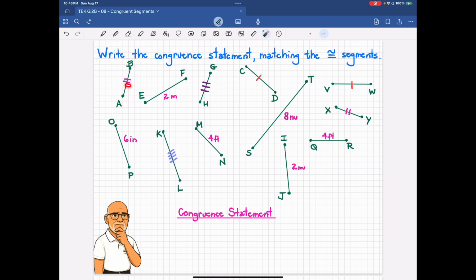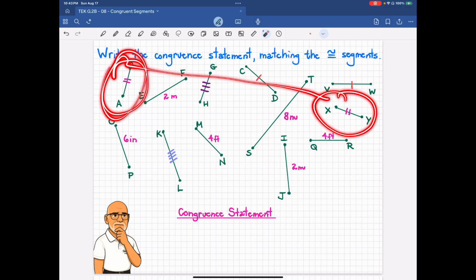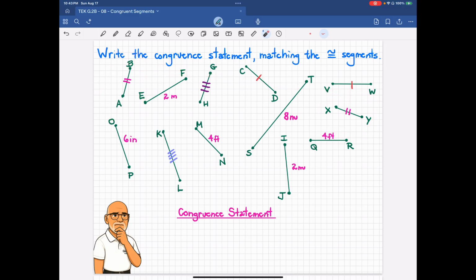I notice that there are 2 little tick marks on the AB. So I want to find another segment that has 2 tick marks. Not this one, not this one, not this one, not that one, not this one. Right here, XY. So these 2 line segments would be congruent.